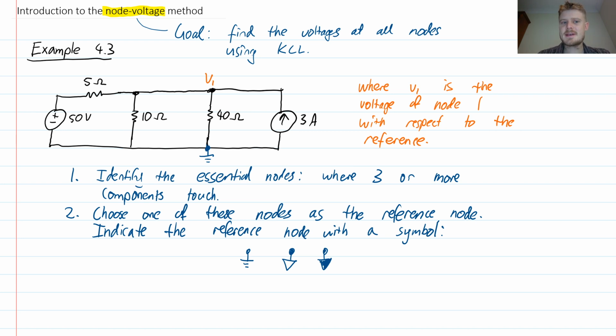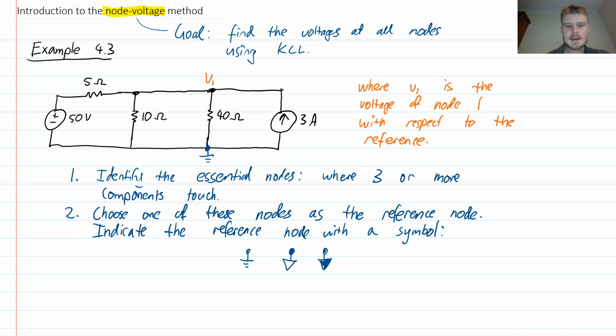It doesn't make sense to say the voltage of a node unless you mean the voltage of a node with respect to some well understood reference. If I was doing a measurement with a little voltmeter, and I connected the red lead up here onto V1 and the black lead onto the reference node, then the value displayed on that voltmeter is going to be V1. We're talking about the voltage of this node with respect to the reference that we have defined.